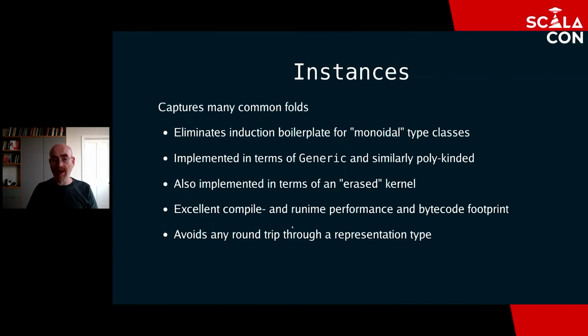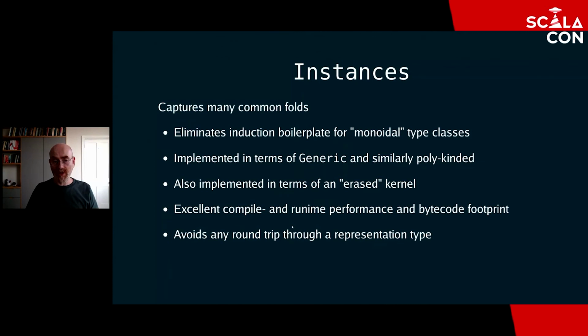This gives us really excellent compile and runtime performance, because we don't have huge amounts of code generation that the old implicit resolution induction used to give us, and indeed which the new inlining model can also produce very large amounts of generated inductive, invisible, but generating a bytecode footprint code. It also avoids taking a round trip through a representation type.